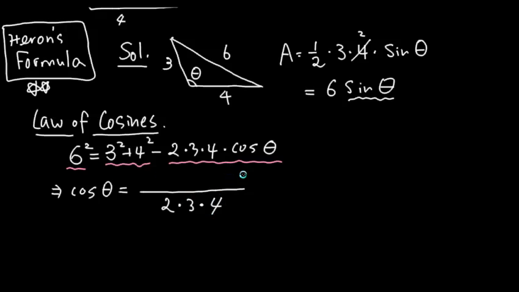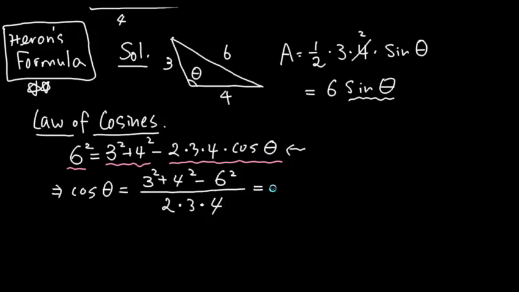And the numerator is this, where the squares show up: the sum of the squares of the 2 adjacent sides shows up first, and 6 squared later. If you isolate this part for the cosine theta, you will always end up at this. Remember, the denominator is 2 times the product of the adjacent sides, and the numerator comes in this order. So we have to calculate this exactly and not turn it into a decimal expansion.